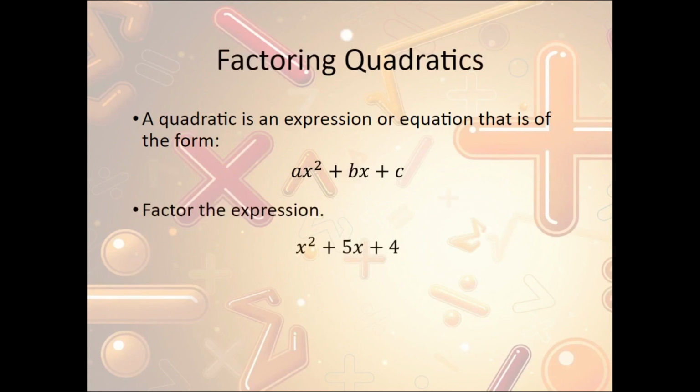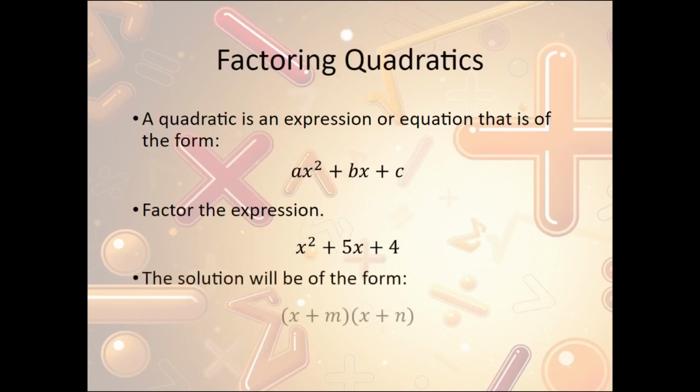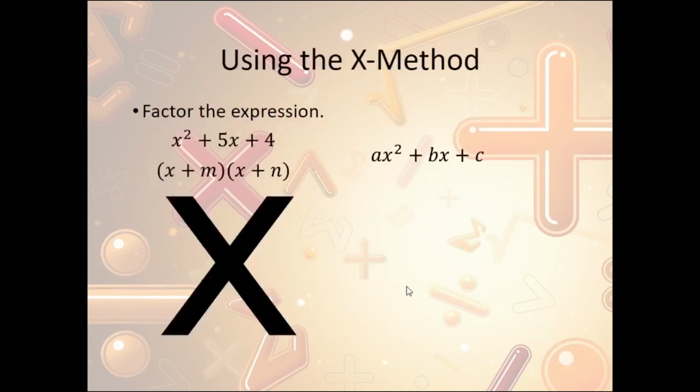So if I ask you to factor this quadratic, x squared plus 5x plus 4, the solution is going to be of this form: x plus m times x plus n, and m and n will be some numbers. So we need to figure out what numbers need to go in these two spots. And the way we do it is by using the x method.